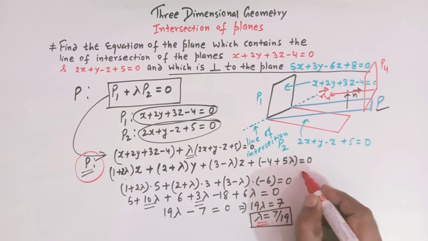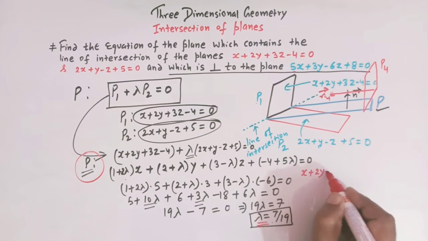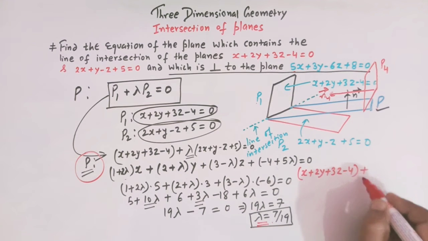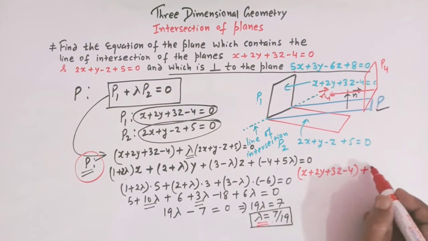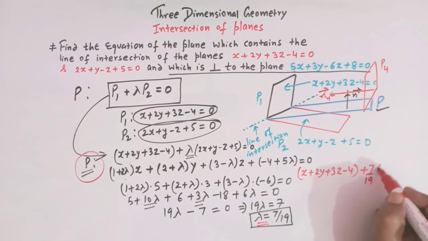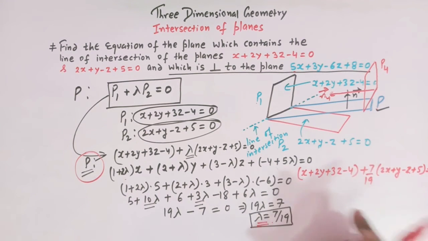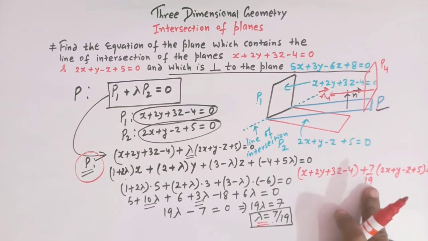So now we can write x plus 2y plus 3z minus 4, and here we have for lambda, that is 7 over 19, and we have 2x plus y minus z plus 5 is equal to 0, right? Now we can multiply this equation by 19 to get rid of this 19.